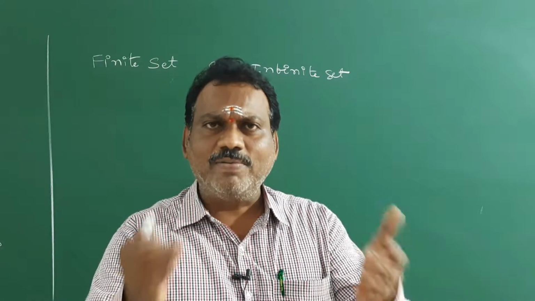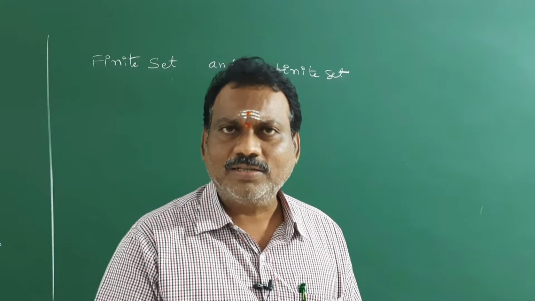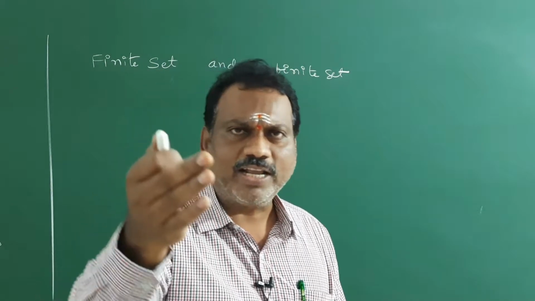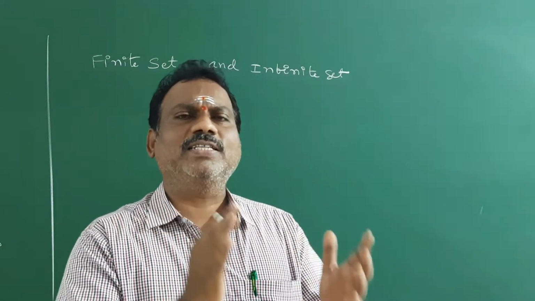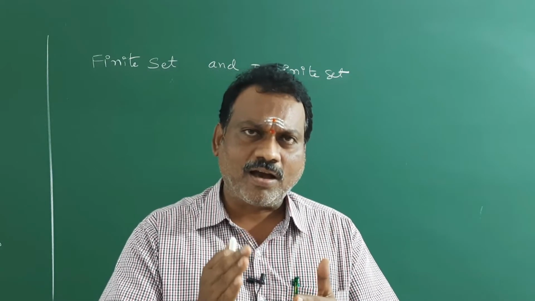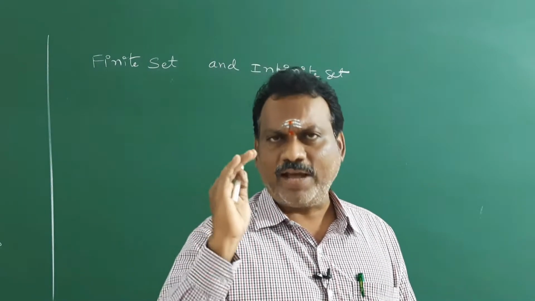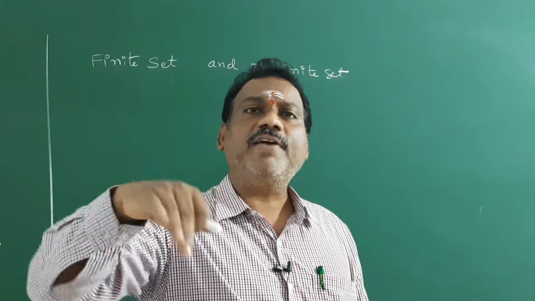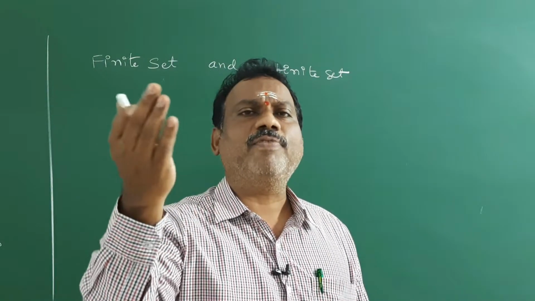Because there are 0 elements in it. So how many elements are there? 0 elements, 1 element, 2 elements, 10, 100, 15, 20, 25, 1000 elements, like that we can say the definite number. That's why a set which is empty or has a definite number of elements is called a finite set. A set which is empty or has an indefinite number of elements is called an infinite set.